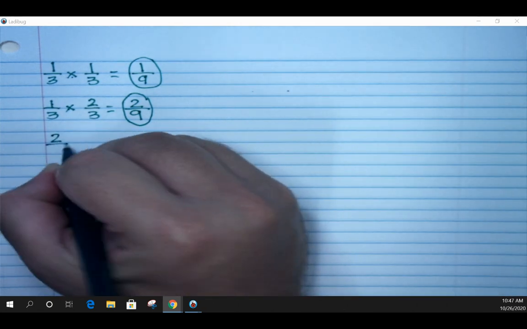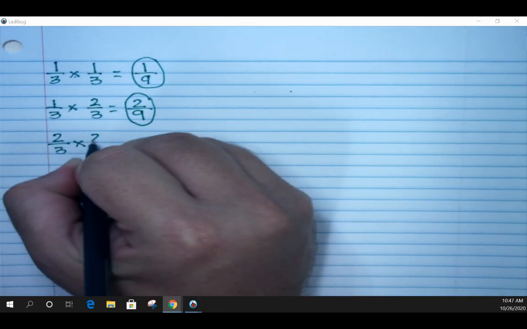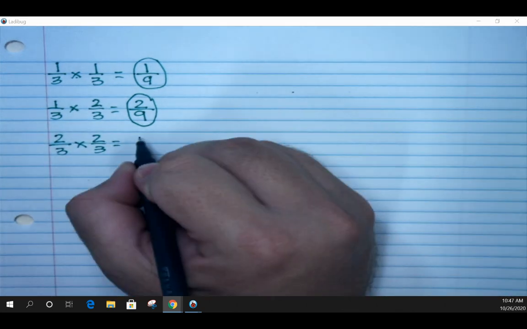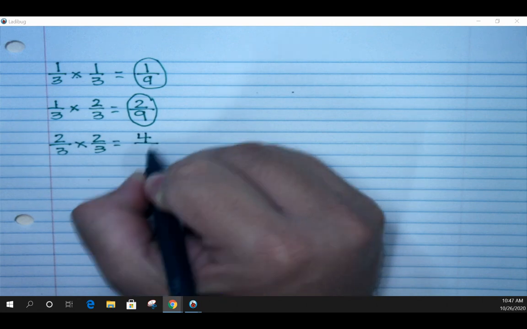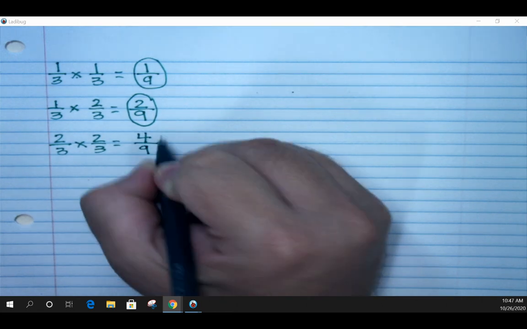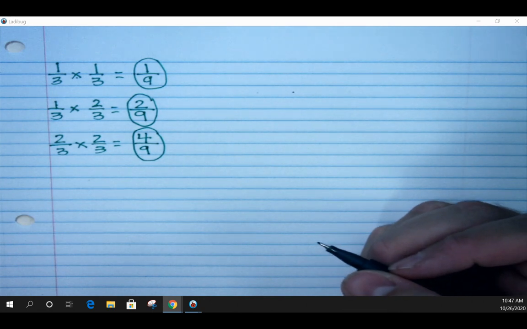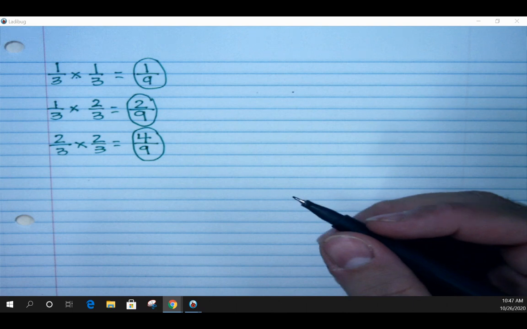What about 2/3 times 2/3? 2 times 2 is 4. 3 times 3 is 9. It is simplified. How do I know? Because the only common factor is 1.